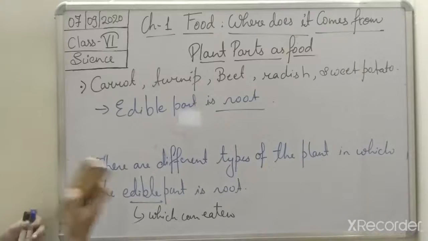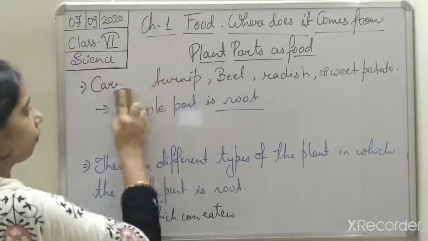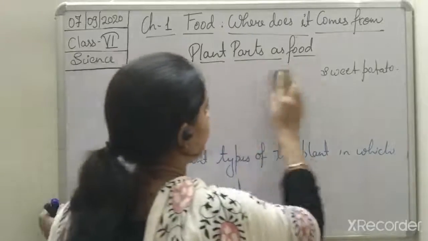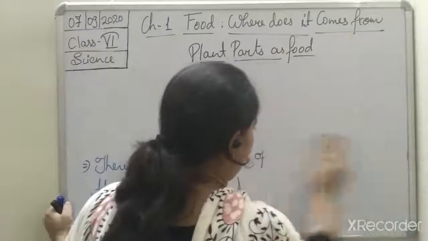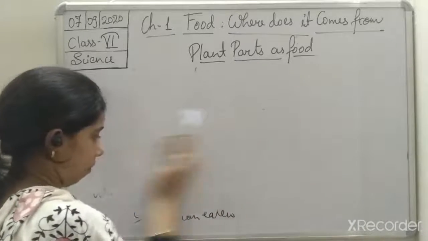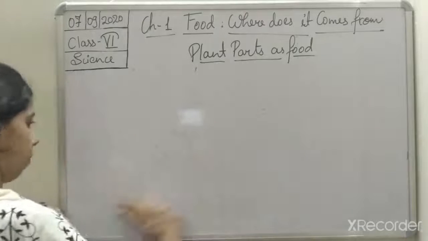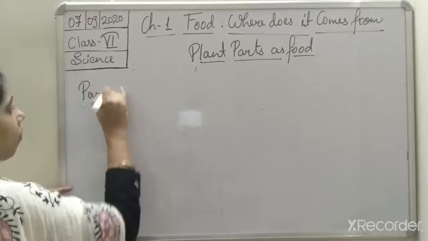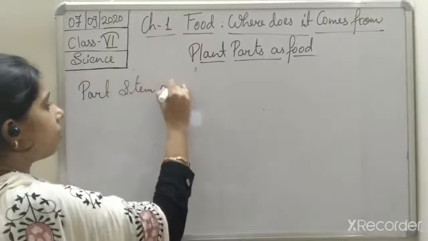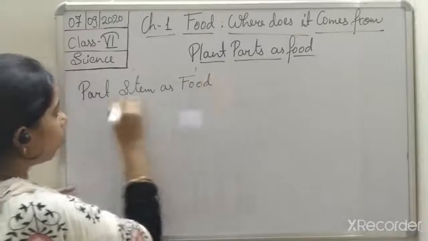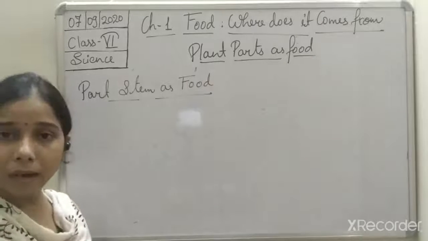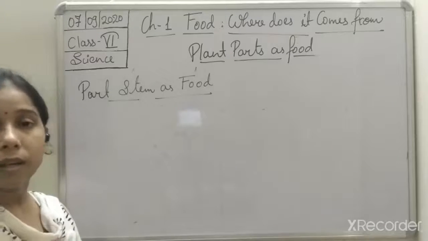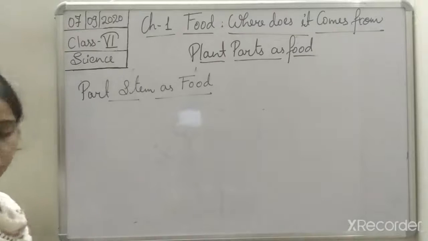So plant stem as a part, stem as food. So this is the stem part of the plant, which we consume as food. That is plant stem as food.